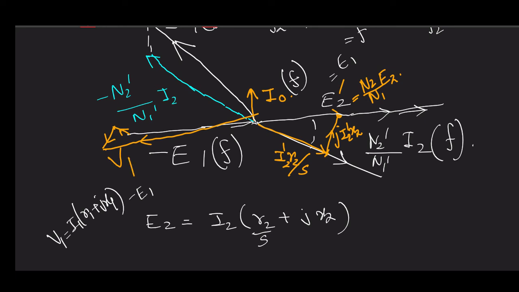So this is our V1. What is the input power factor angle? This is our theta 1. This is the input power factor angle. This is the output power factor angle.